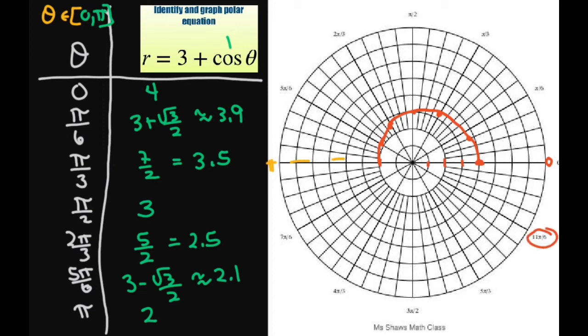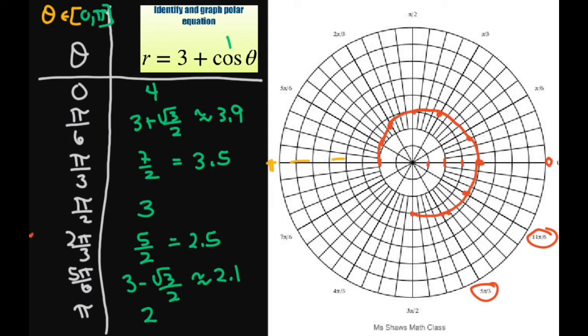So at 11 pi divided by 6, we'll have 3.9. At 5 pi divided by 3, we'll have 3.5. So it's coming around this way. At 3 pi divided by 2, we'll have 3. At 4 pi divided by 3, we'll have 2.5.